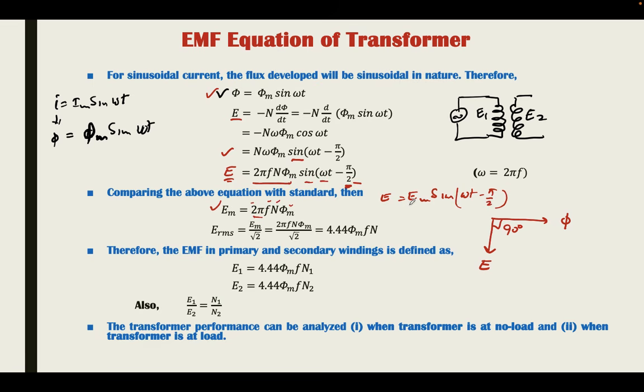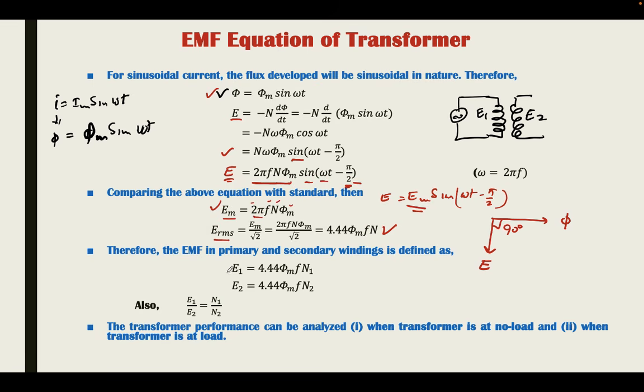It means Em is equal to 2 pi f N phi m. Now we know this is the maximum value, and the RMS value is Em divided by root 2, hence it is 2 pi f N phi m divided by root 2, and simplifying this function it will be 4.44 phi m f N.